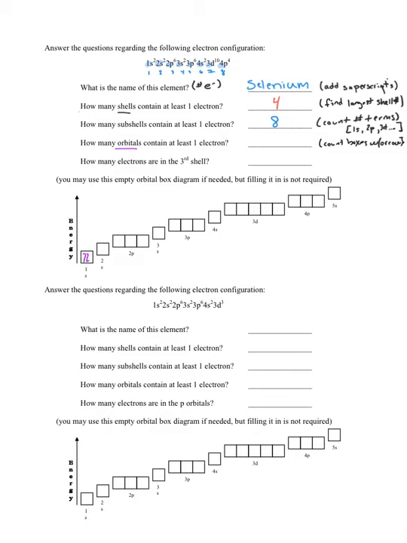So again, I go 1 up, 2 down, 3 up, 4 down, 5, 6, 7 up, 8, 9, 10 down, 11 and 12 up, down, 13, 14, 15 up, 16, 17, 18 down. That's 3p6. There's my 4s2. Remember that I know my 3d is full, so I've got my 5 up.